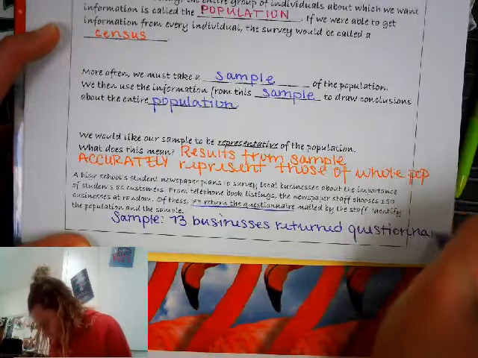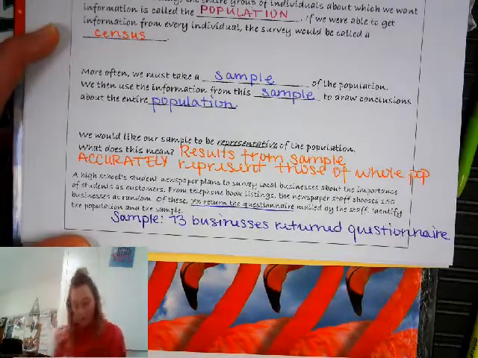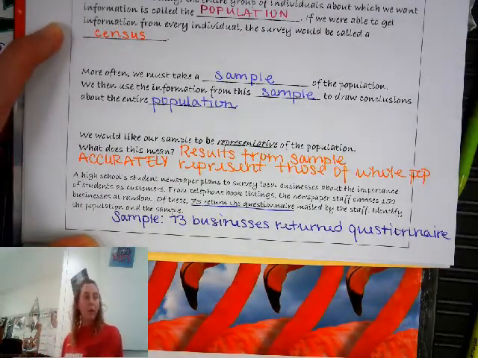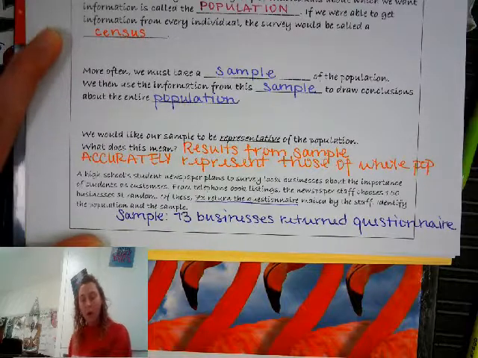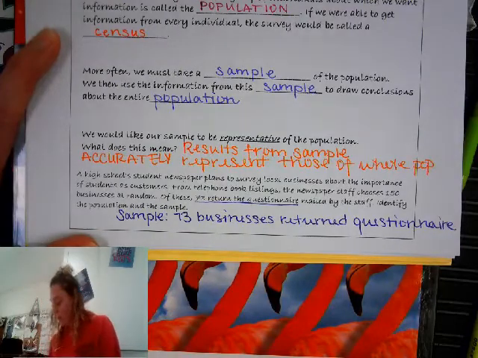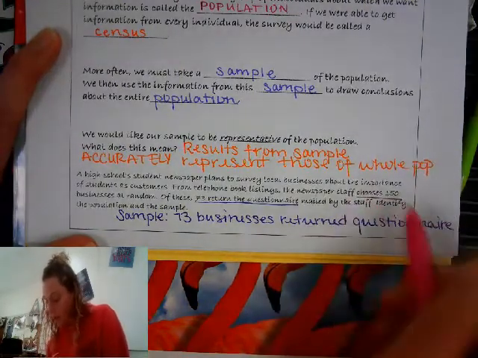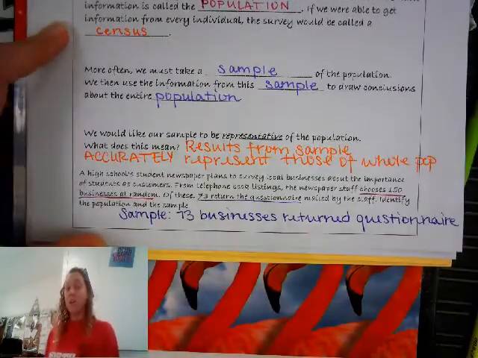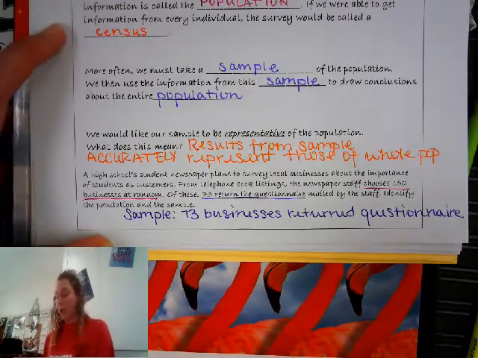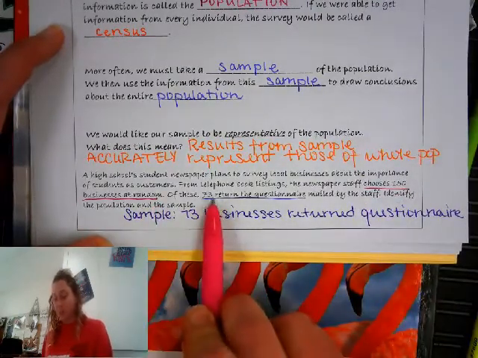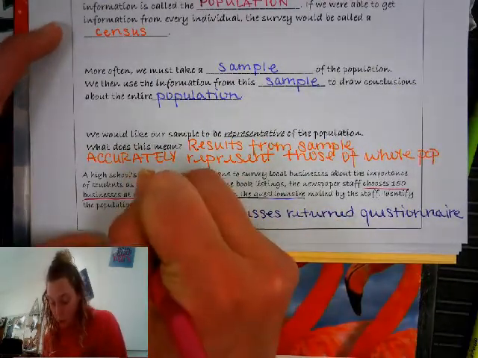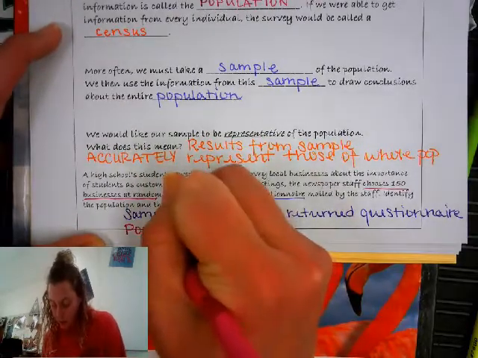And then the population would be all those local businesses. Now, don't confuse it with the fact that they chose 150 at random. If all 150 had responded, that would have been their sample. But out of that 150, they got only 73 returns, so that's their sample. But the population is just all local businesses.